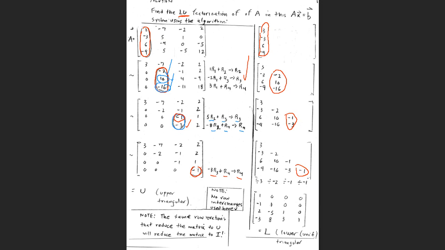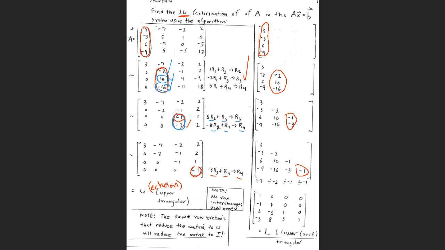Now the matrix U is upper triangular, but let's just call it echelon, okay? Because you can do LU factorization on non-square matrices also. So I just want to be careful about the terminology. I mean, I'm not saying upper triangular is wrong, but I like to think of U as echelon form. But it is upper triangular, right?